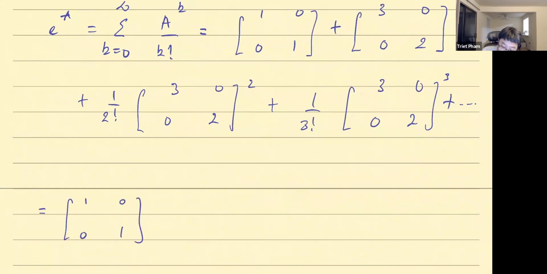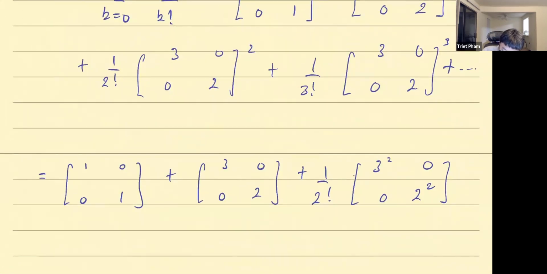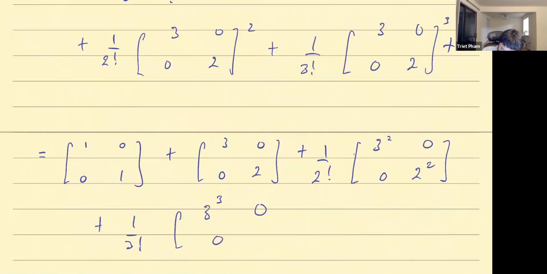What you get, right, is exactly the diagonal matrix, but with the power affecting the diagonal terms. Okay.